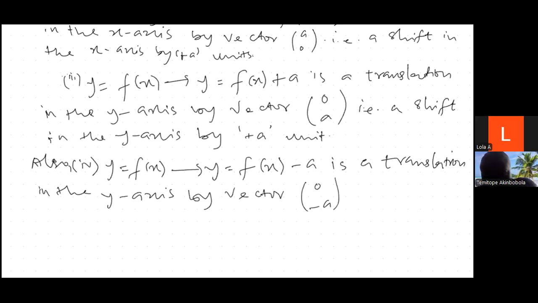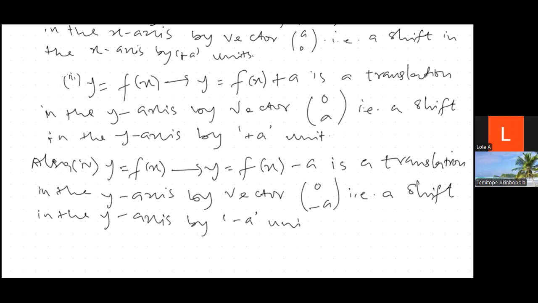That is a shift in the y-axis by minus a unit. So in other words, for the first, the Roman figure 3, that's plus a.